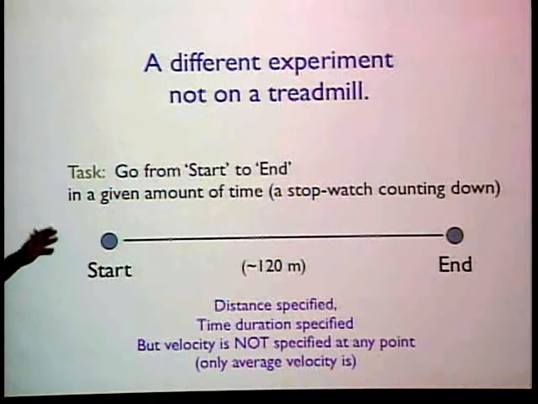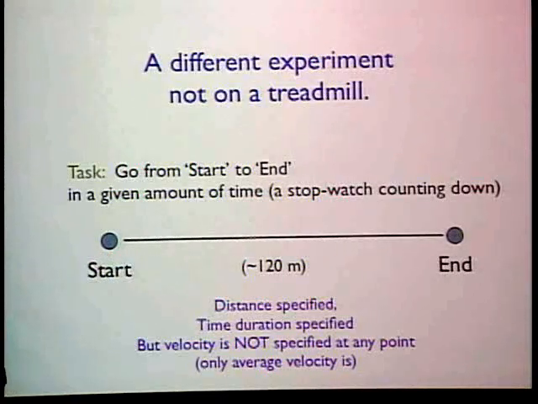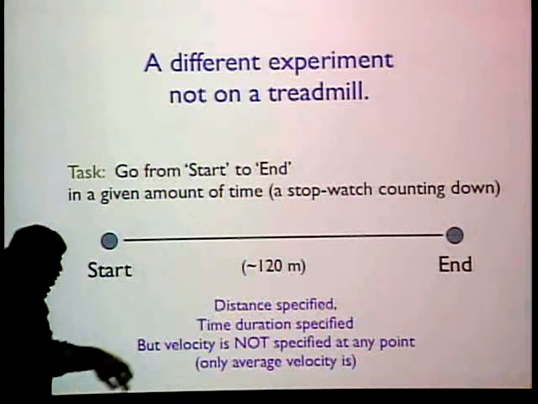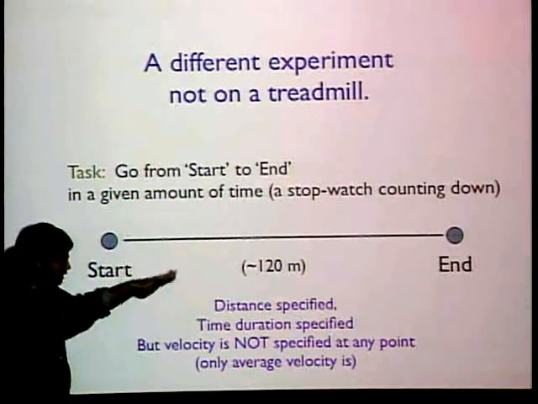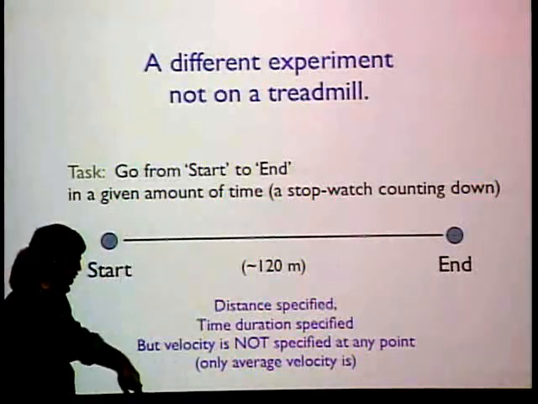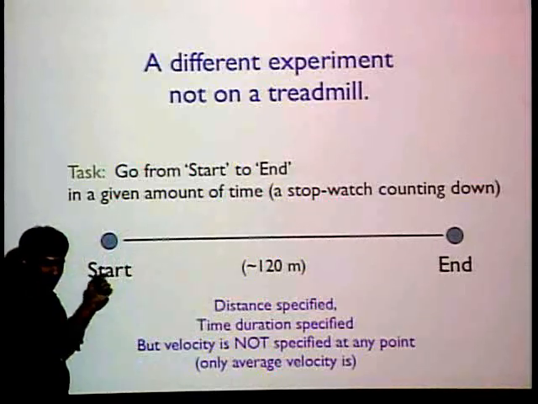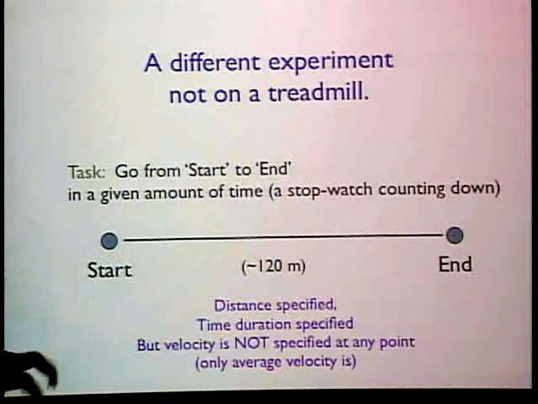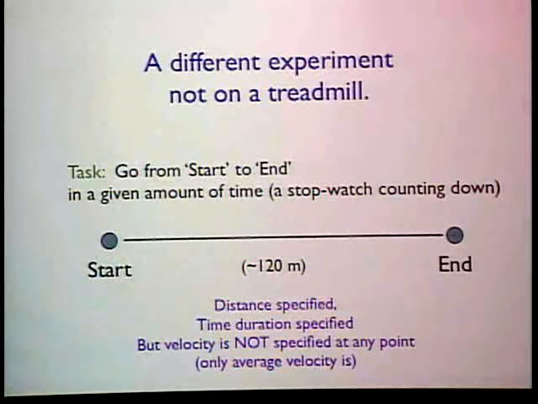And the experiment is to go from one place to another, and maybe the talk you want to go to starts in 5 minutes. So there is a time constraint, right? So distance is specified, the starting and end point, and then the time duration is specified, but the velocity at any point in time is not specified. So it's a slightly different proposition.